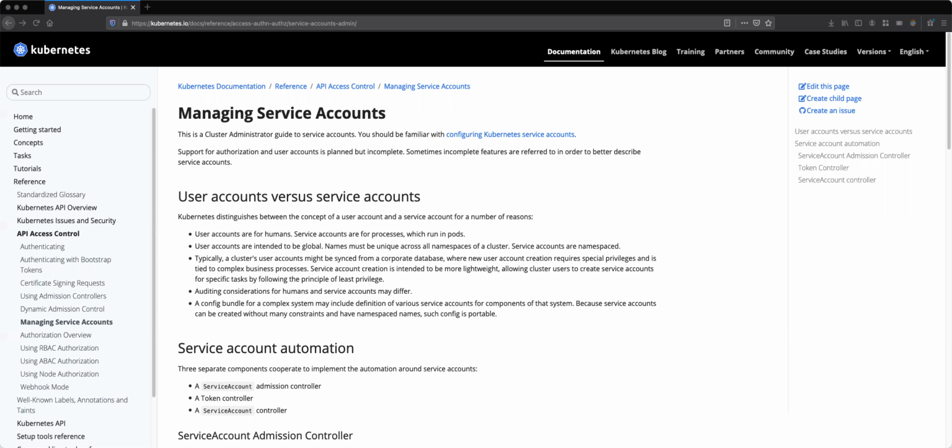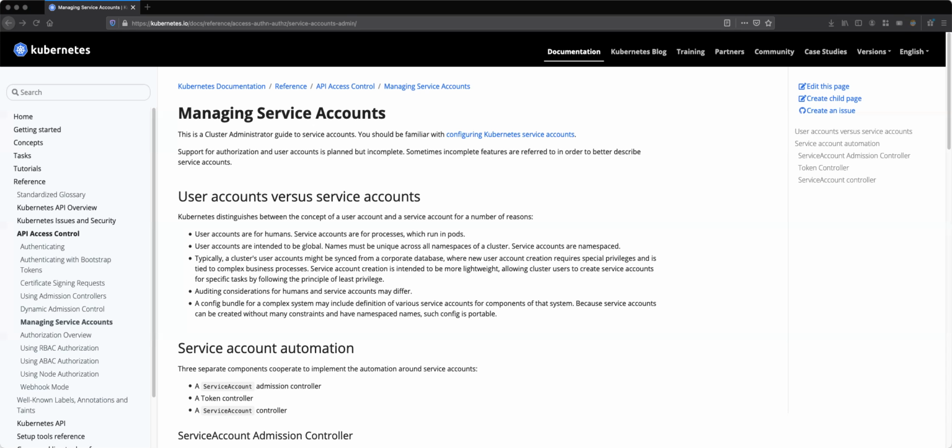Now, what is the major advantage? What is one advantage, let me put it that way. What is one advantage and one disadvantage of a projected service account token? Now, the next question is, what are some of the best practices?